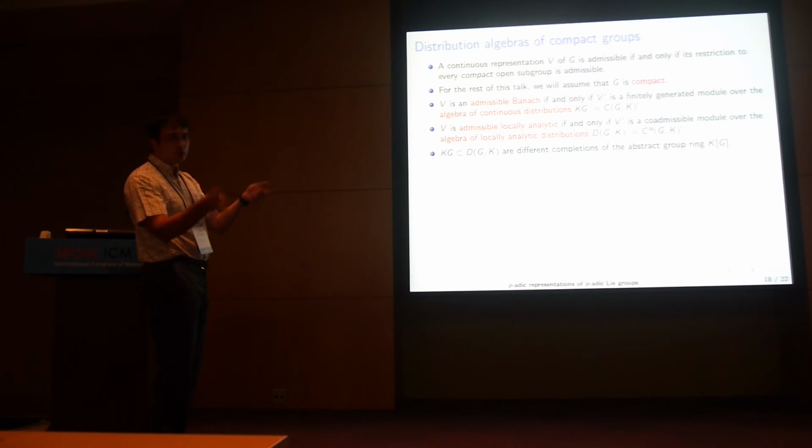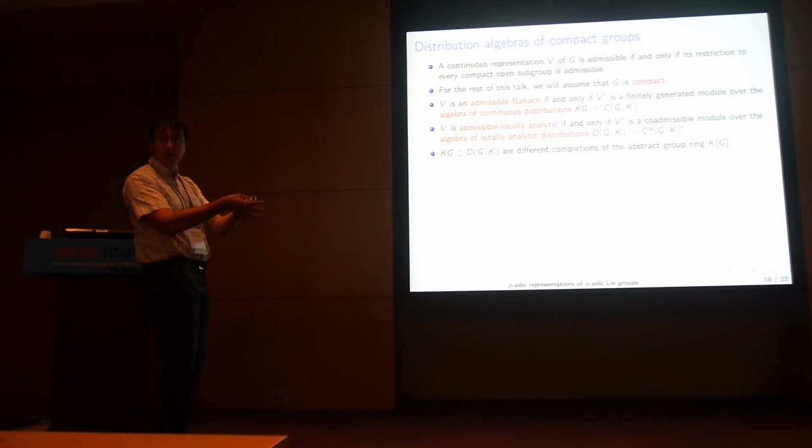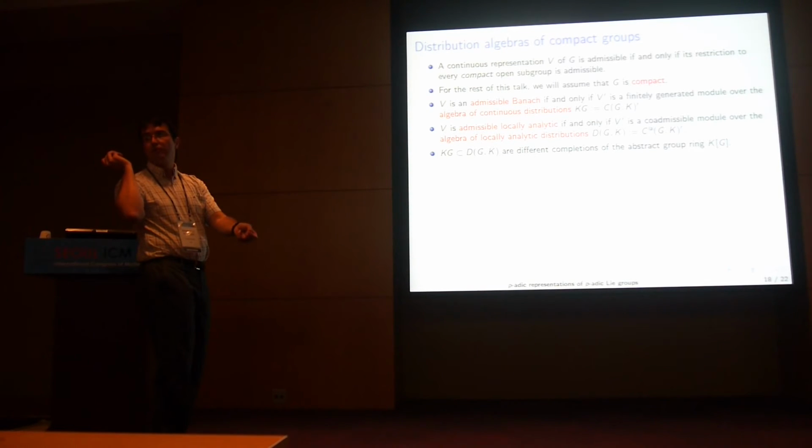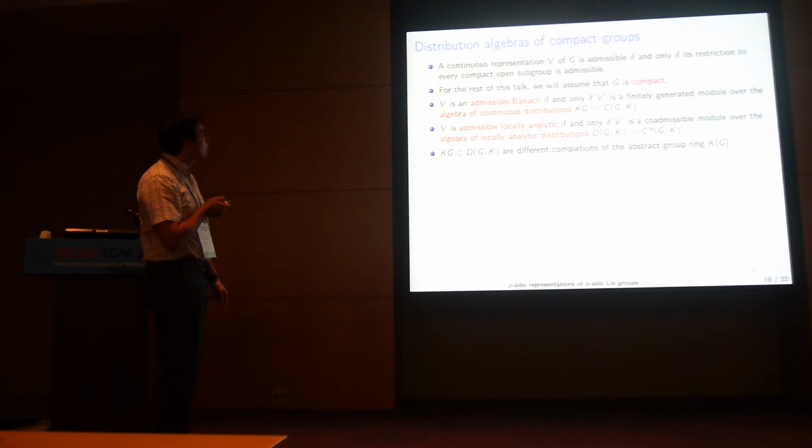To put it another way, you can think of an admissible representation of a big non-compact p-adic Lie group such as GL_n(QP) as an admissible representation of a compact group such as GL_n(ZP), which extends as an abstract representation to the bigger group. Okay? So let's just talk about compact groups for now.